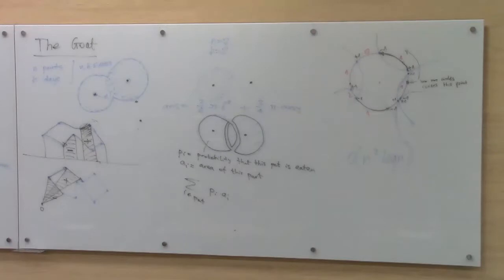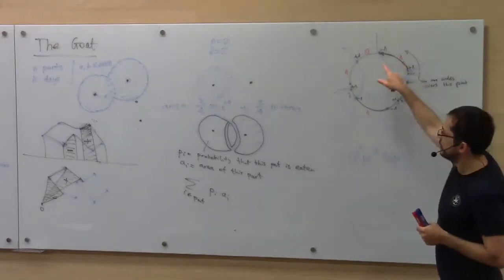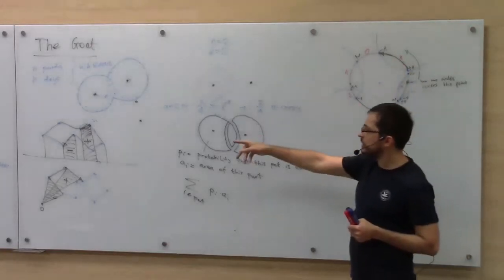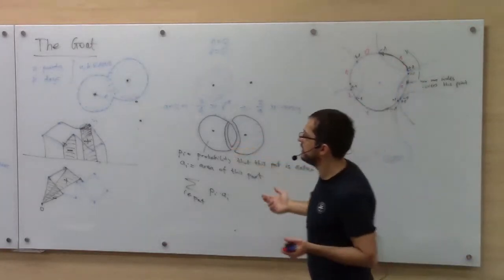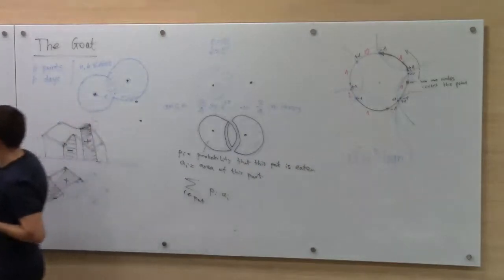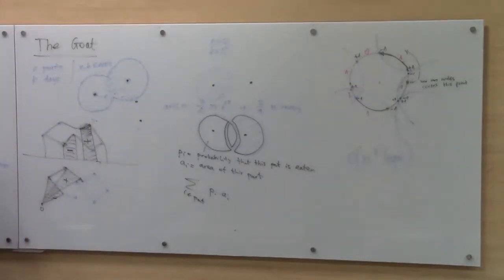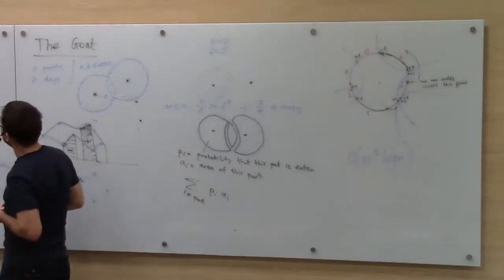So overall, this algorithm will run in time n squared log n, because now for every segment we are updating the area in constant time, and at the end we need only linear time over n to update this sum.